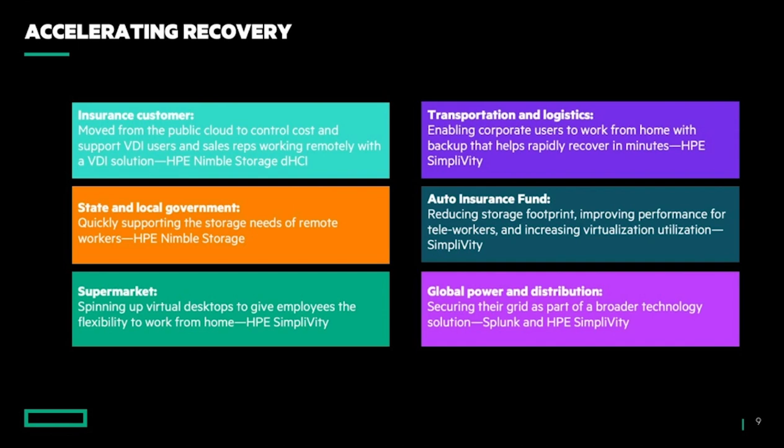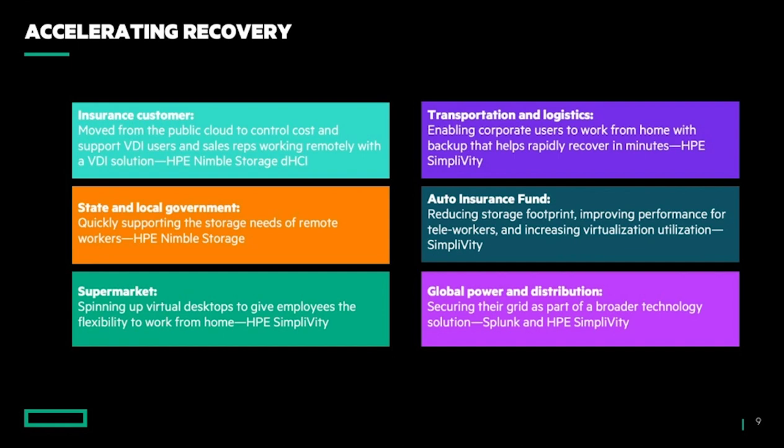Let me begin with an insurance company that's using a VDI solution to support remote connectivity with HPE Nimble Storage DHCI. This customer example is a rather interesting one. They had their VDI infrastructure deployed in the public cloud, and they had a need to continue to transform their business model.